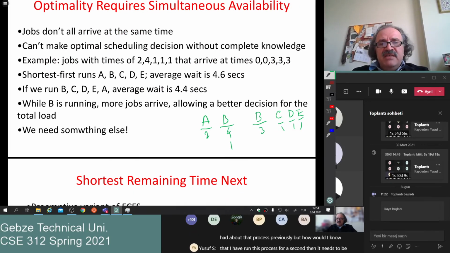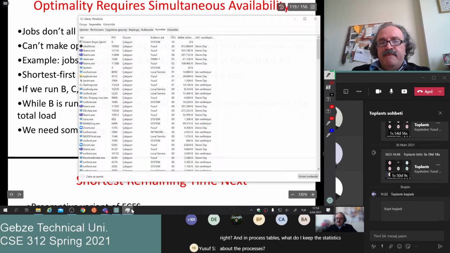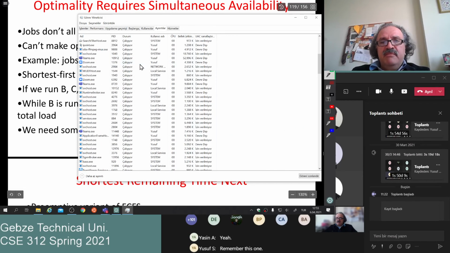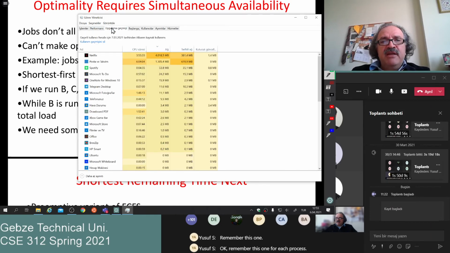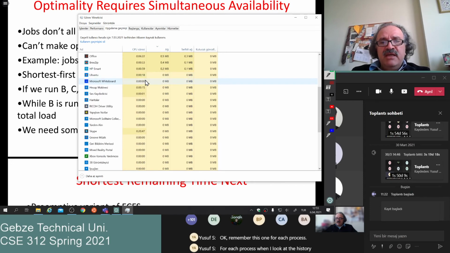Of course, these are process tables, right? And in process tables, what do I keep? The statistics about the processes. Remember this one? For each process, when I look at the history, they all have their CPU times, how much CPU they have used.